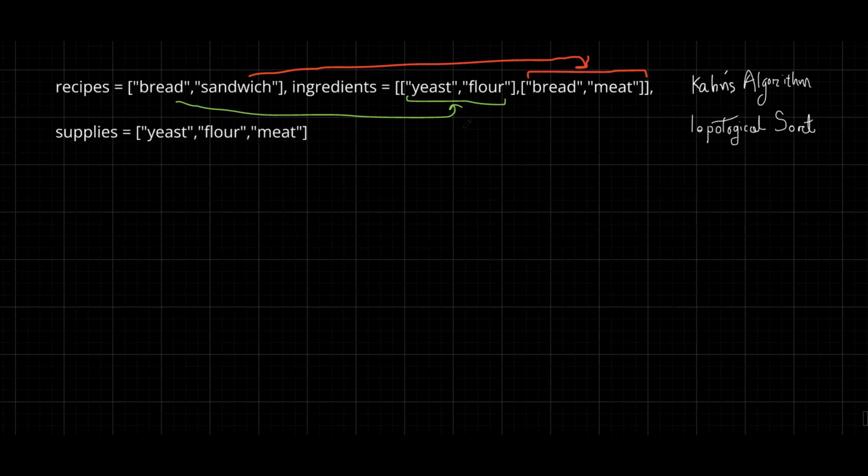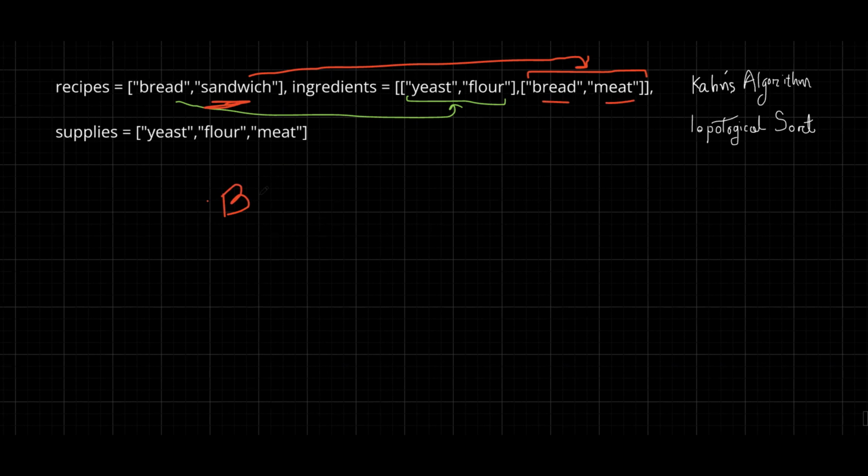So here we can see that to make the bread, we need yeast and flour. So by using yeast and flour, we can make the recipe bread. Now, to make the sandwich, we need bread and meat.